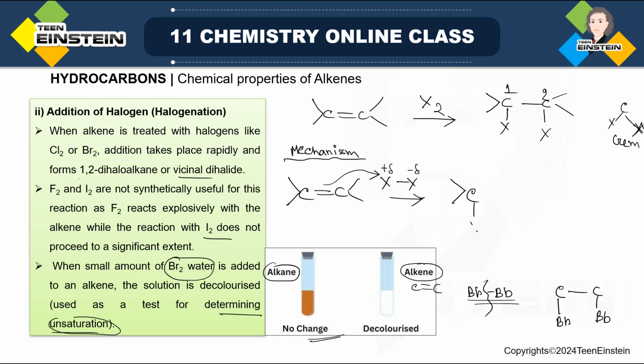If this X is attached to one of these carbons, the other carbon will have some positive charge, and then the remaining part is added. But actually this is not the correct mechanism. There is no formation of a carbocation. Now if there is no formation of a carbocation, what is actually happening, that we have to understand.